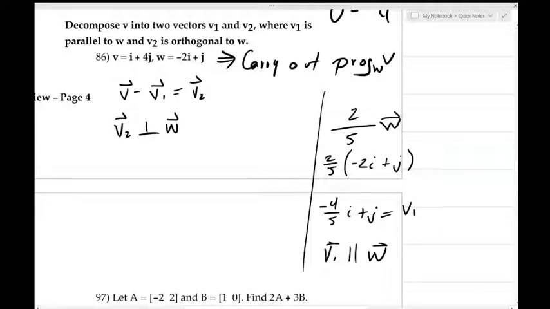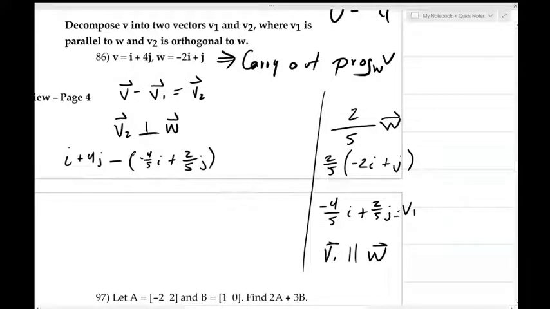vector W. Okay, so we'll have i plus 4j minus negative 4/5 i plus, and I think I made a mistake over here, it should have been 2/5 j, so plus 2/5 j.